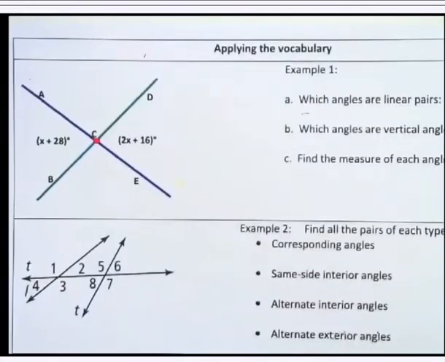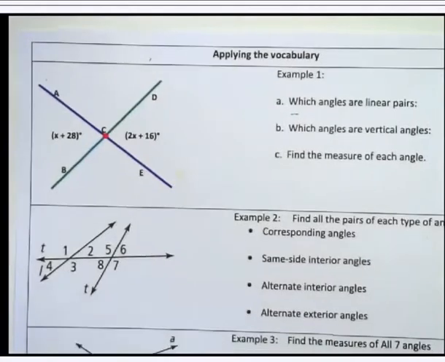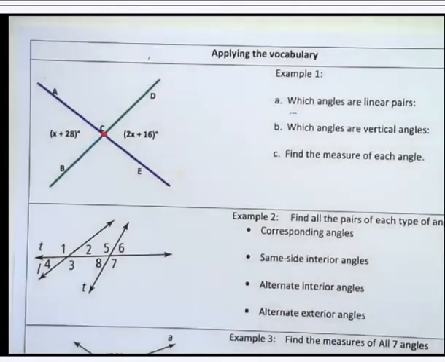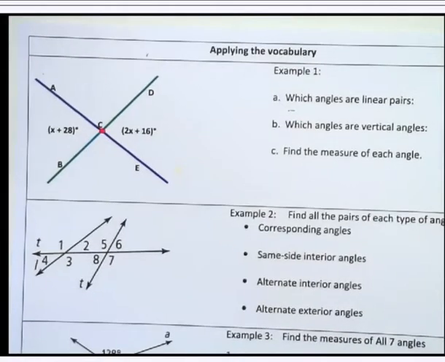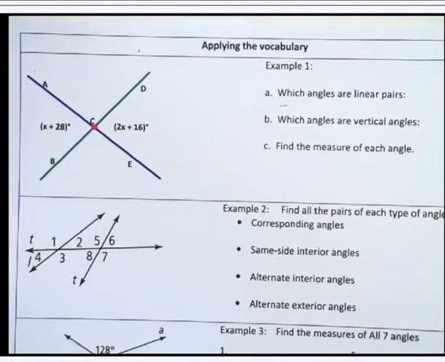And here's example 1. I'll zoom out a little bit. So we're going to do some vocabulary, which angles are linear pairs and which angles are vertical angles. And then we're going to find the measure of each angle.